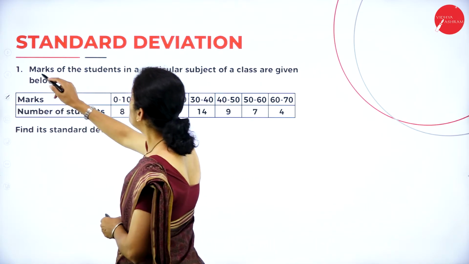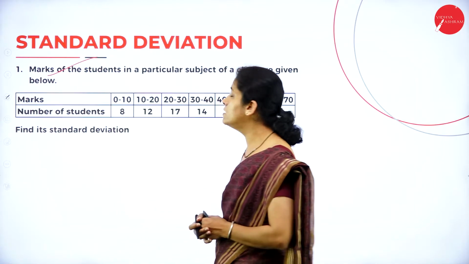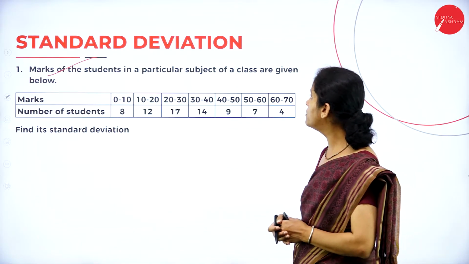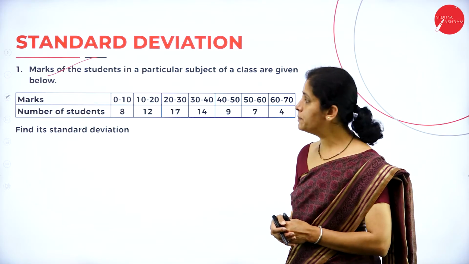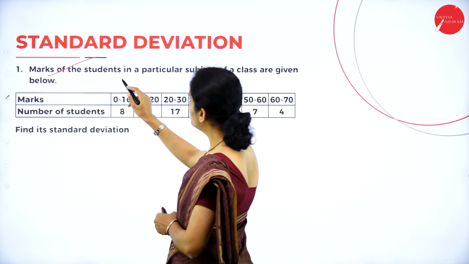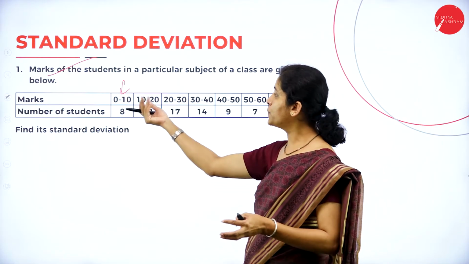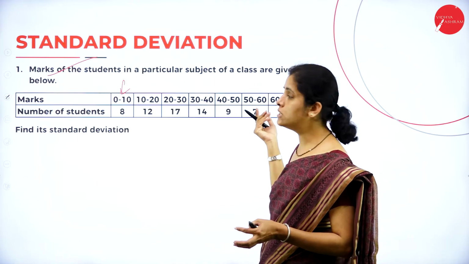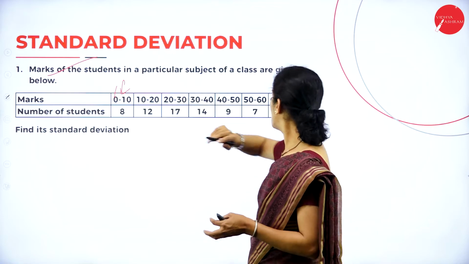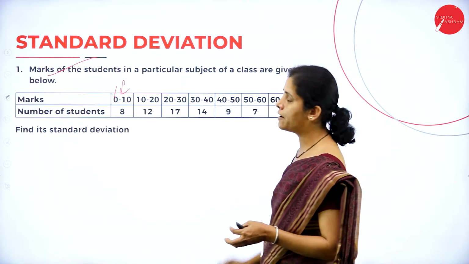Here, the marks of the students in a particular subject of a class are given below. See here, I have the frequency ranges, and all the ranges are continuous, going from 1 to 7.